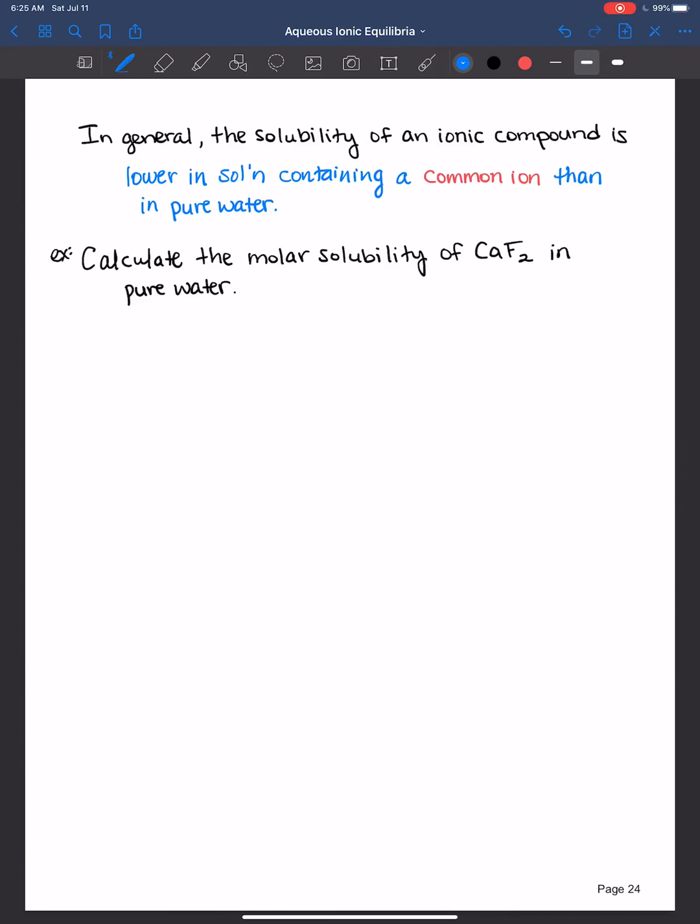Let's calculate the molar solubility of calcium fluoride in pure water. So first, we will need to write down the reaction of it dissolving into its ions.